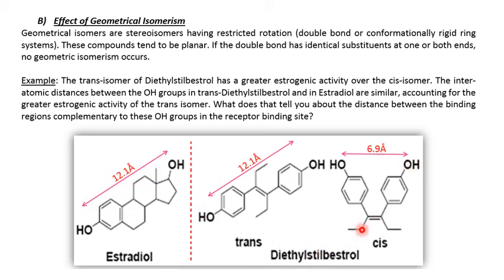We realize that the receptor must have some binding sites to fit these OH groups, and the distance between these binding sites should be 12.1 angstrom. That's why the trans isomer is active while the cis is not, because the trans is able to fit the binding sites for the OH groups, while the cis does not.